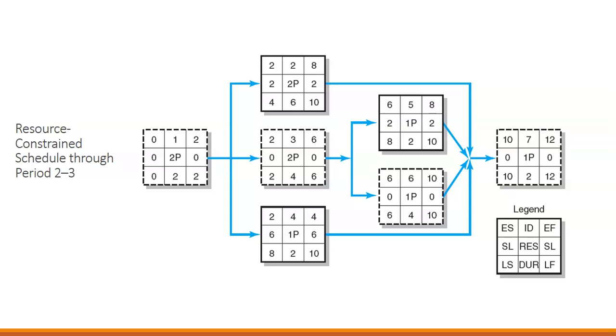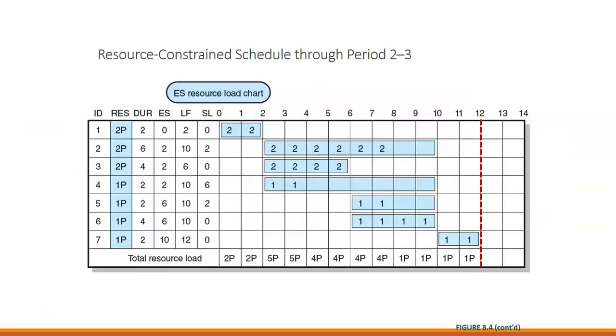So you can see how, like in step A, we start with A, but B, C, and D, we could be doing simultaneously. However, if we do B, C, and D all at the same time, we need 5 programmers and we only have 3 available. So we need to shift those using the slack available to a time that we don't have 5 programmers under demand.